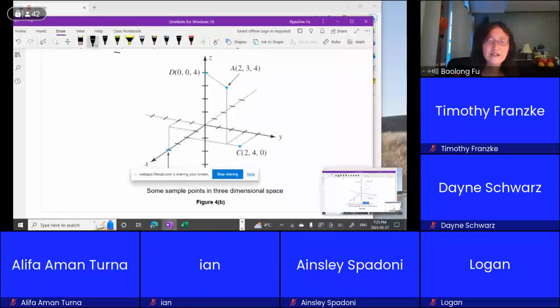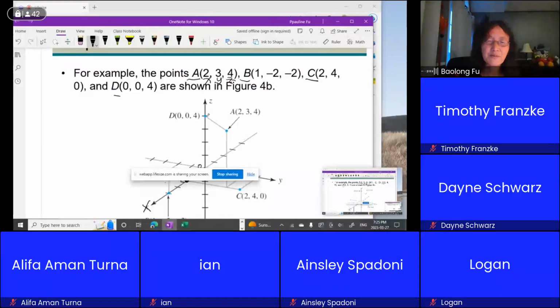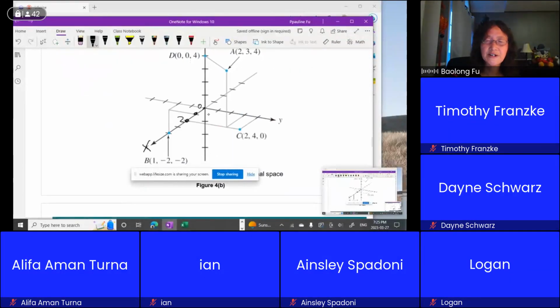I locate x equal to 2: this is 0, x equal to 1, x equal to 2 here. Then y equal to 3: this is y, 1, 2, 3. So x equal to 2, y equal to 3 is here.